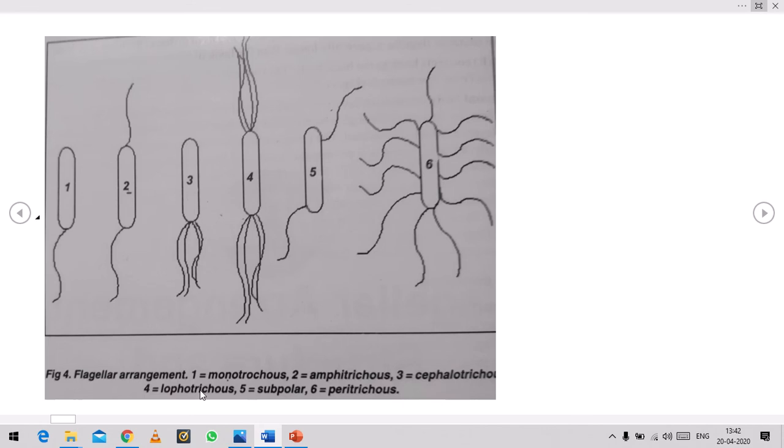These different flagellar arrangements have different ways of movement, and you can understand how the direction of movement of the bacterial cell is governed by the movement of the flagella.